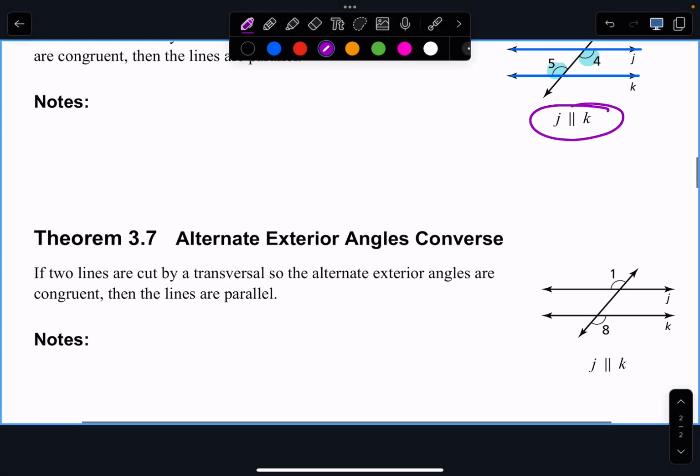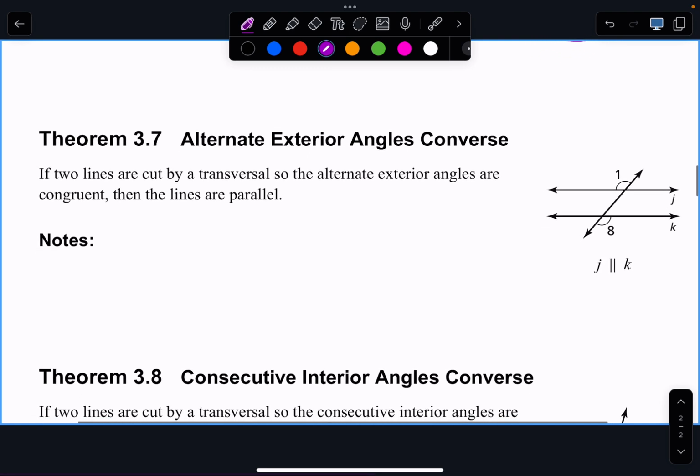If I have two lines cut by a transversal and we have alternate exterior angles that are congruent, then our conclusion is that our lines are parallel.